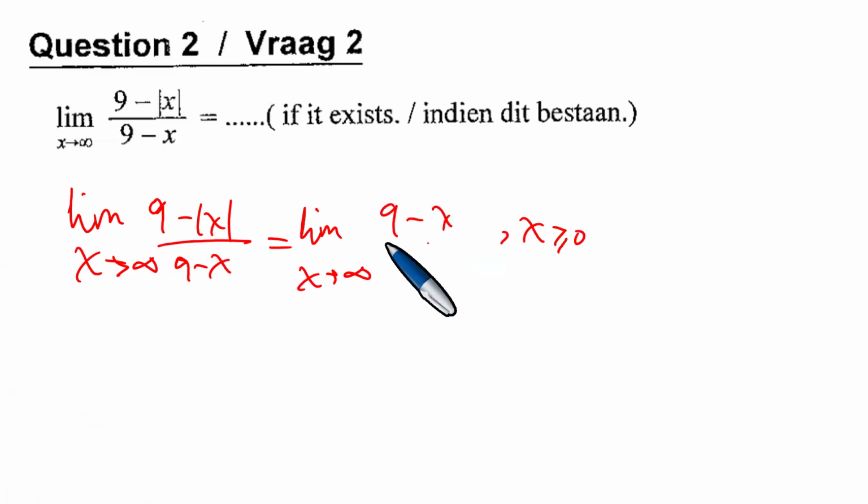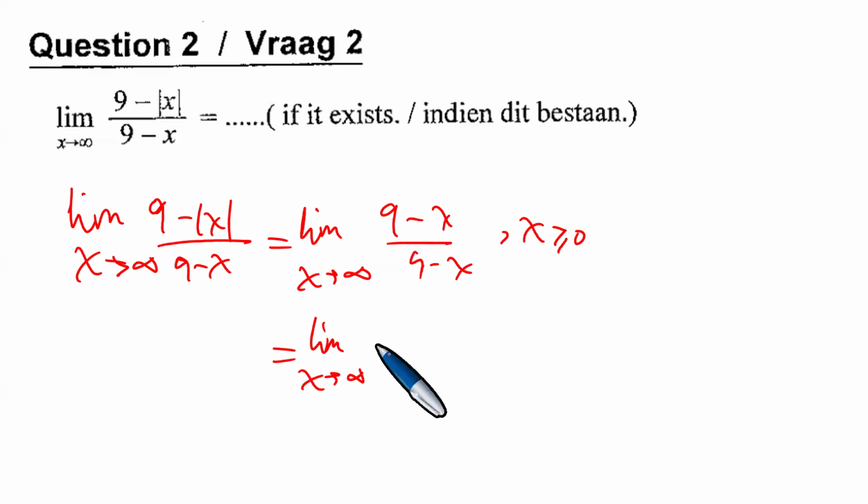So you have 9 minus x over 9 minus x, like so. That is what we're able to see immediately. So as x approaches infinity, this is going to be exactly 1.